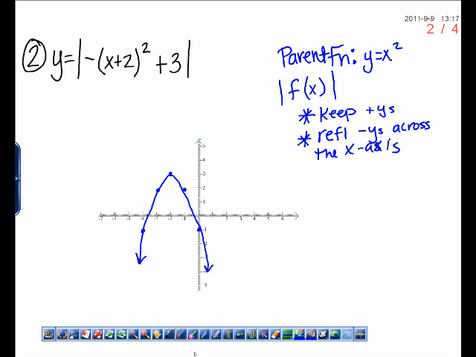Make sure you know where those points are. We're going to apply the transformation to that. So yeah, I would re-sketch it.